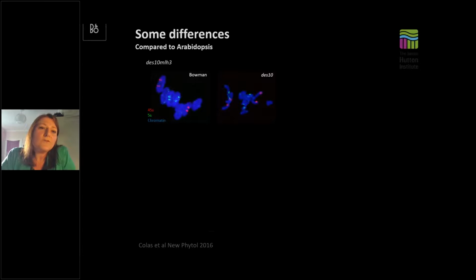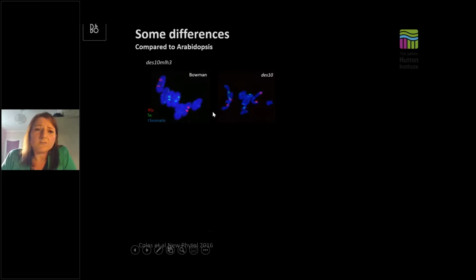Although most of the meiotic genes, which are very conserved, behave in the same way, we also observe some differences, and this is the story of DES10. The DES10 mutant is an MLH3 mutant, and MLH3 is a very important mismatch repair protein, which acts at the end of the recombination pathway to remove the loop that I've talked about and to resolve the crossover.